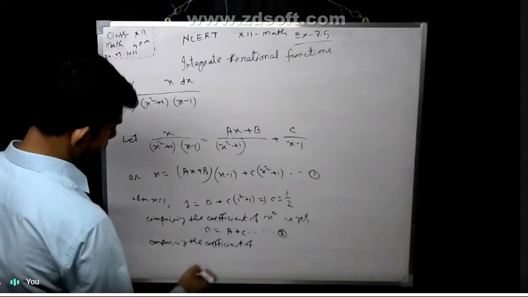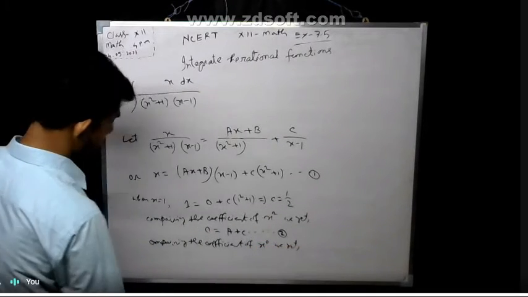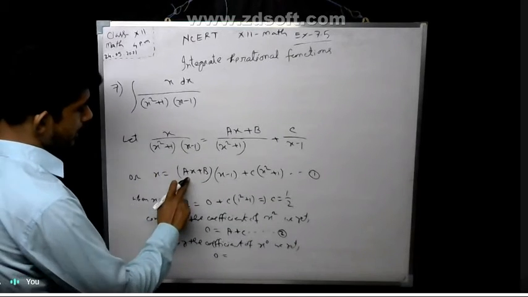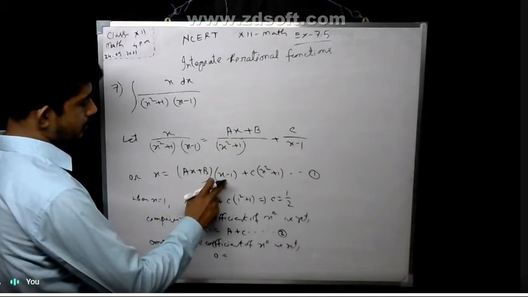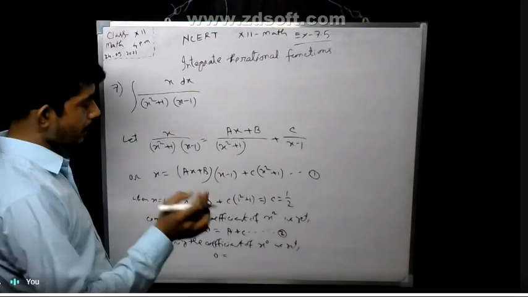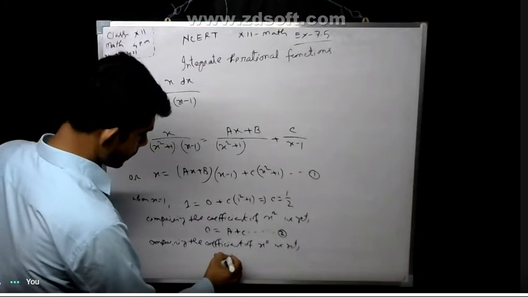X to the power 0 will be easy. We get again 0 equal to the x to the power 0 term, which means ax square minus ax. No, x to the power 0 is not there. By b, bx, no, minus b. Okay, yes, minus b.